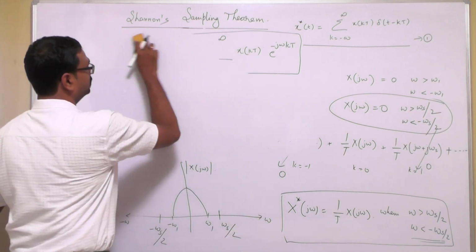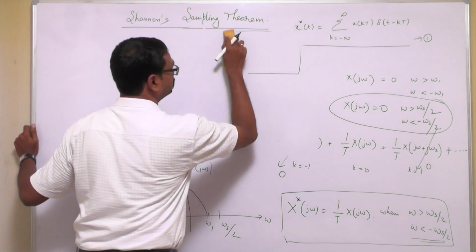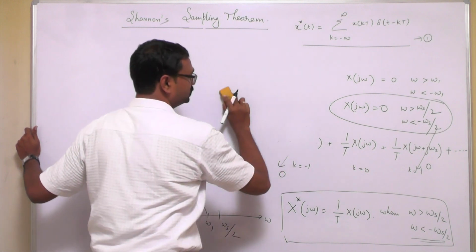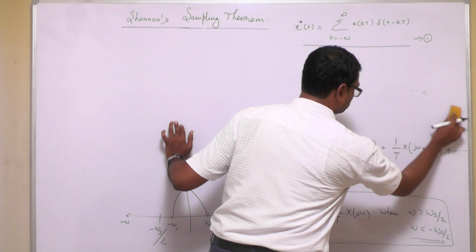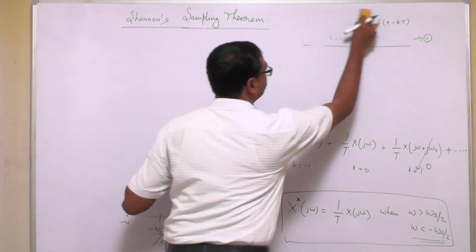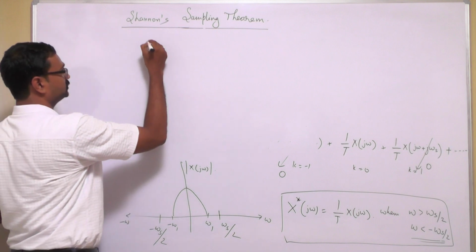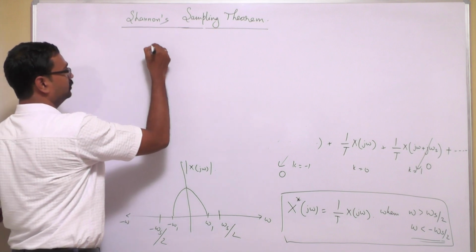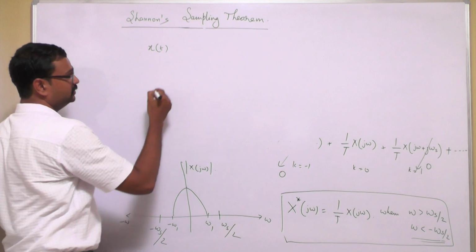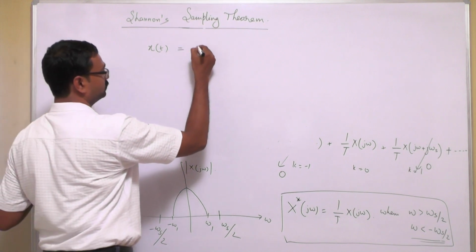So with this in mind, now I want to reconstruct back the original signal by using inverse Fourier transform. Therefore, I need x of t by using inverse Fourier transform.